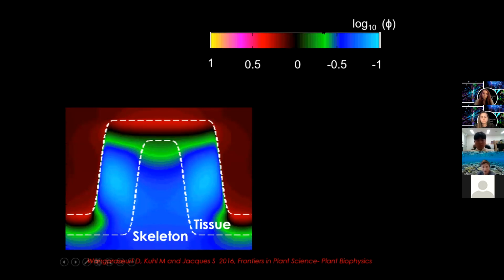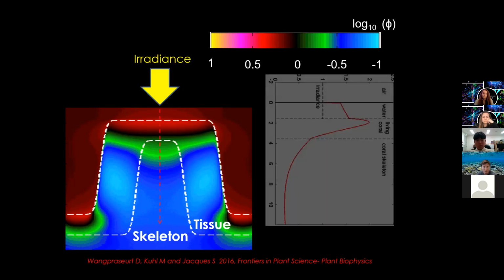What we have here is an earlier model that we developed, where you have a simple two-layer system. You have this tissue on top, that's the outer layer, and then you have the skeleton underneath. In color coding, you see the fluence rate, so the distribution of light when you have an incident collimated beam that is emitted from the top here.